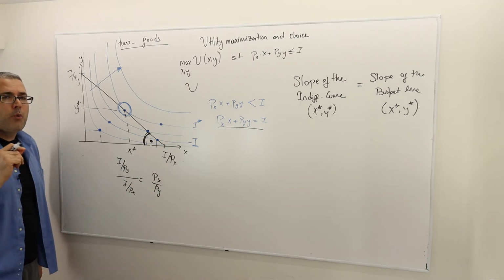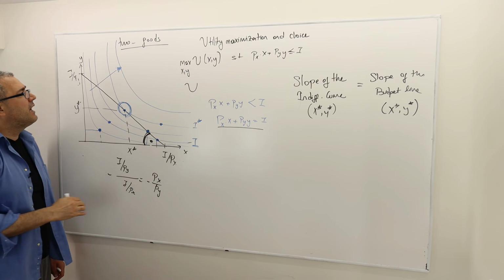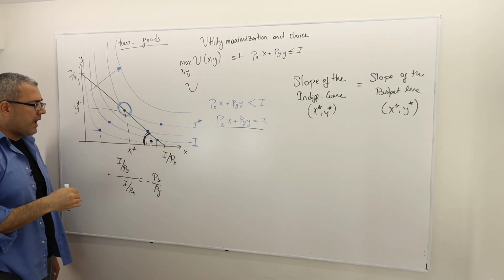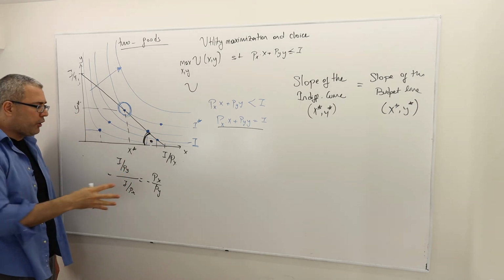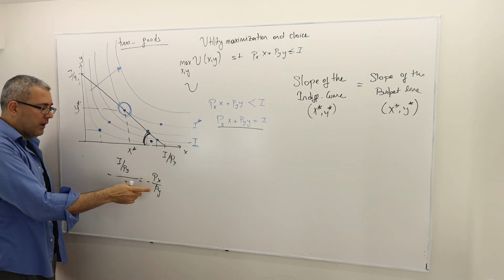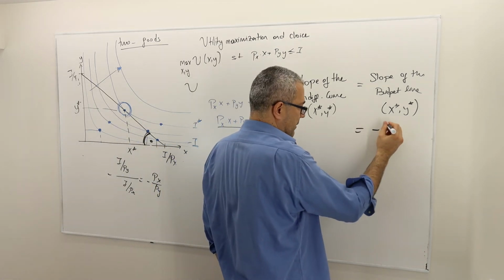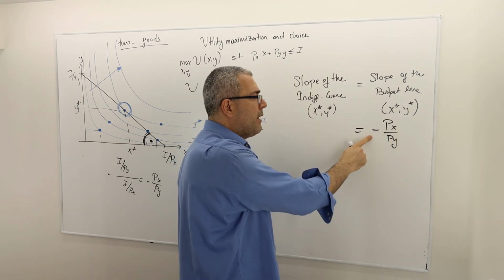But there's one point that you must be careful about. It is minus. Why is that? Well, because this is a downward sloping curve, and so downward sloping lines or curves always have negative slopes. So therefore, the slope of the budget line is minus px over py. This is the price ratio, but it's minus.